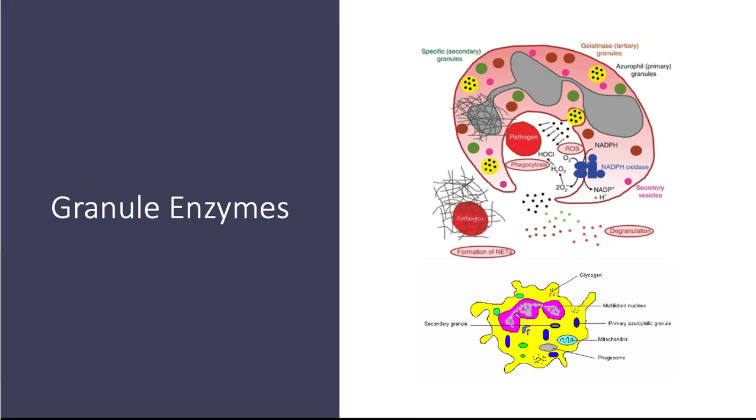Phagocytic vesicles containing engulfed material may fuse with these granules and with lysosomes, and the ingested materials are destroyed. In addition, both types of granules also undergo exocytosis, degranulation, leading to the extracellular release of granule contents. Different granule enzymes serve different functions.